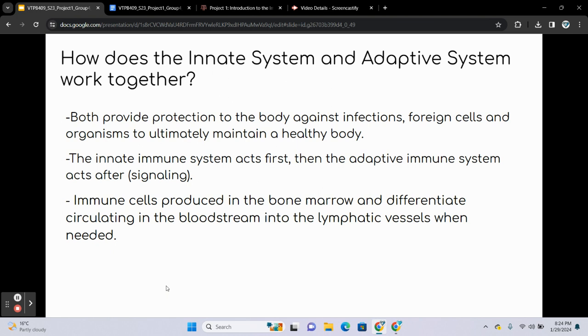Both provide protection to the body against infections, foreign cells, and organisms to ultimately maintain a healthy body. The innate immune system acts first, then the adaptive immune system acts after. This is done through signaling. Immune cells are produced in the bone marrow and differentiate, circulating in the bloodstream into the lymphatic vessels when needed.